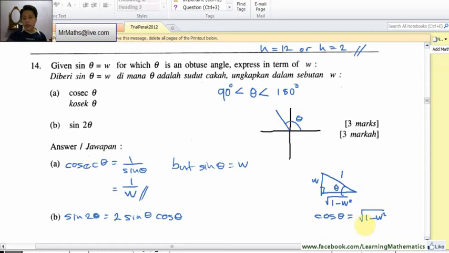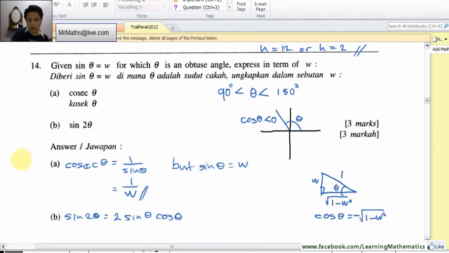But since theta is an obtuse angle, it falls into the second quadrant. In the second quadrant, cos is a negative value. So cos theta is less than 0. So cos theta in this sense for an obtuse angle is equal to minus square root of 1 minus W squared.